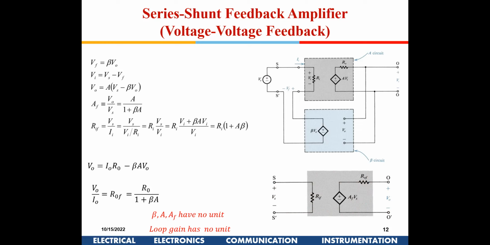Then this is an equivalent circuit where Ri has been replaced by Rif and A has been replaced by AF, and ROF is the equivalent of this. RO has been replaced by ROF.